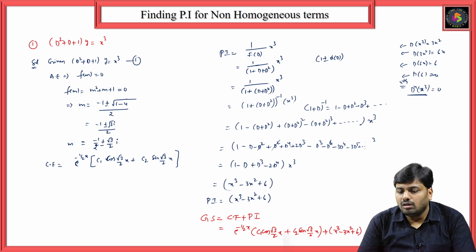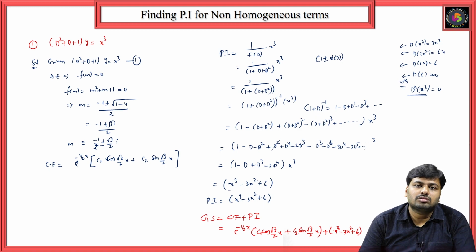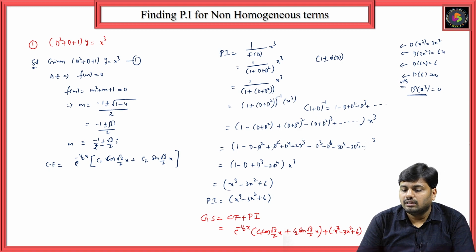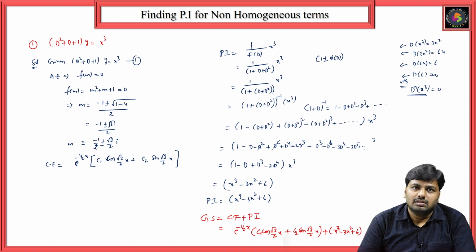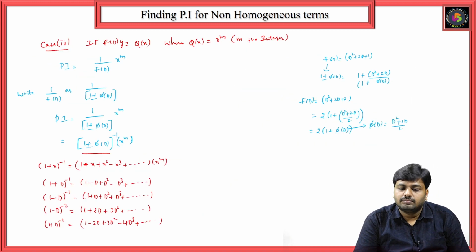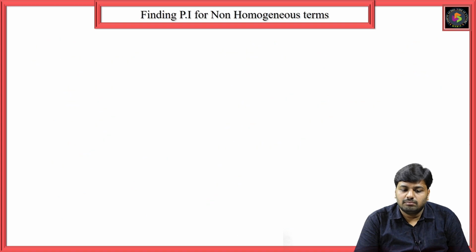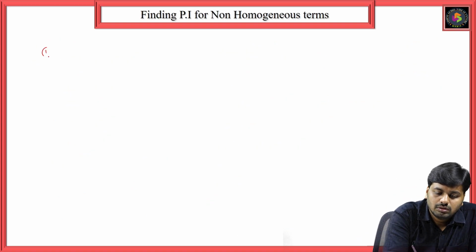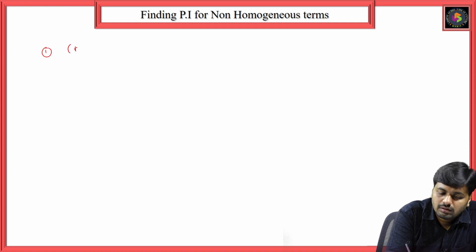Now I'll give some models to solve these problems. So these are the 3 cases. Till now what we discussed, now I'll give some models to you to solve. First: D square plus d of y equal to x square plus 2x plus 4.